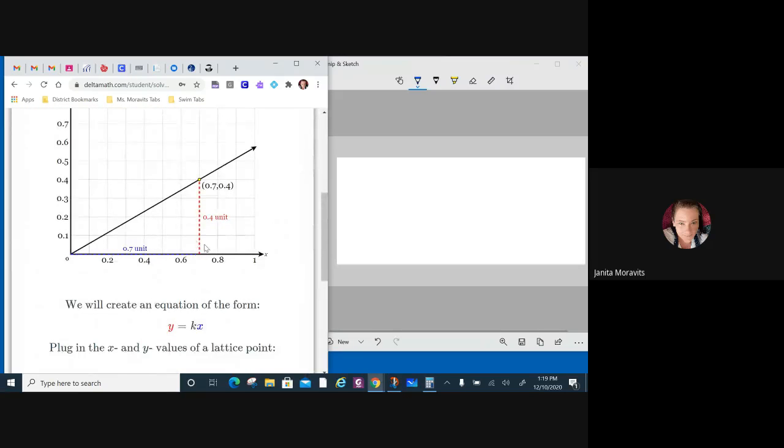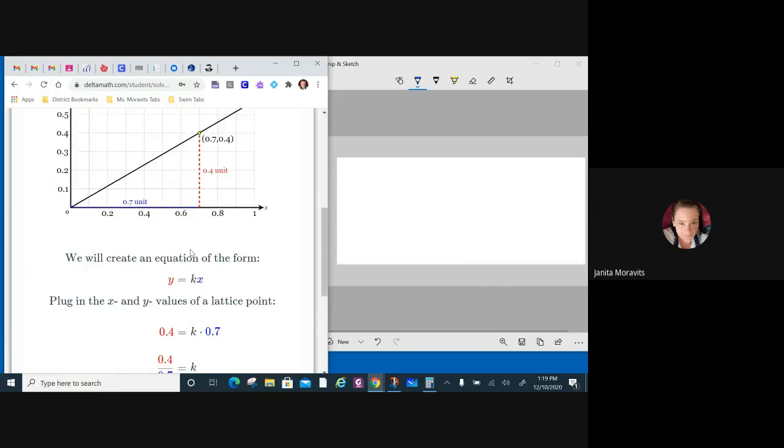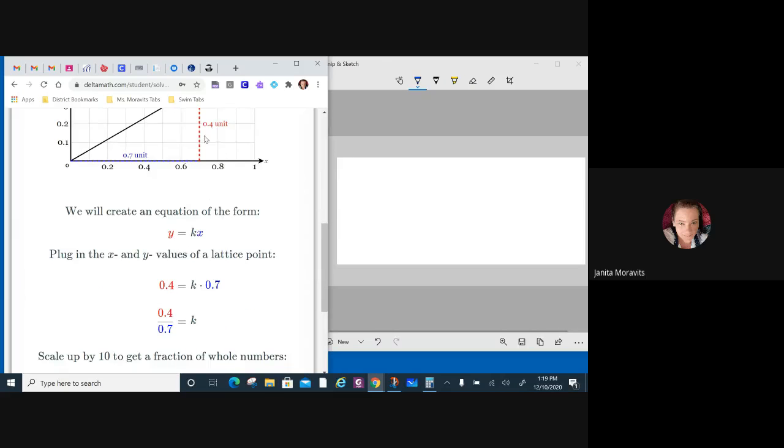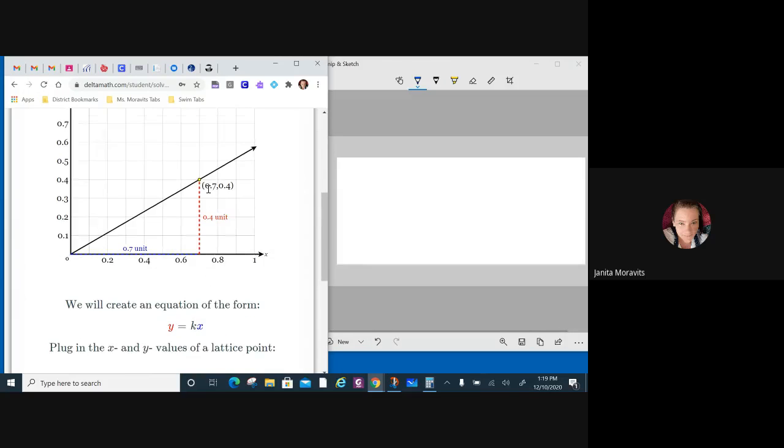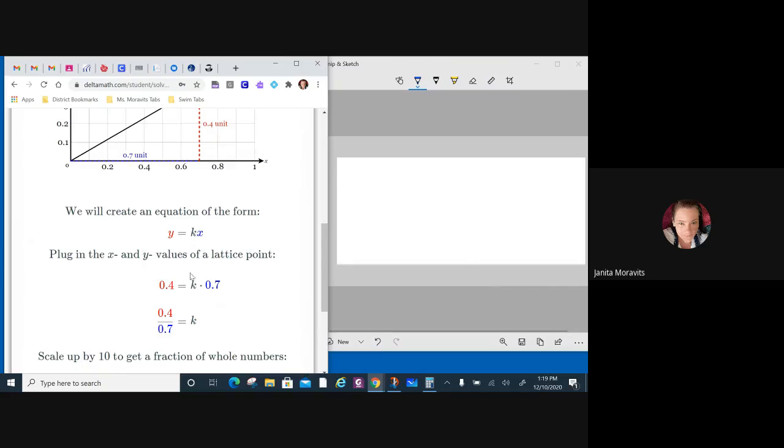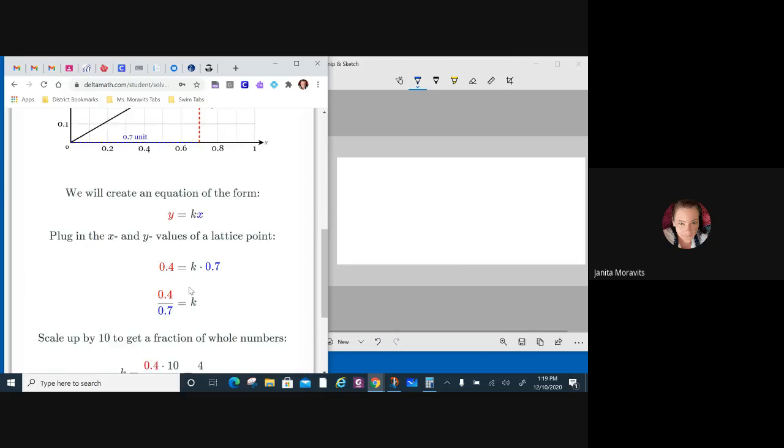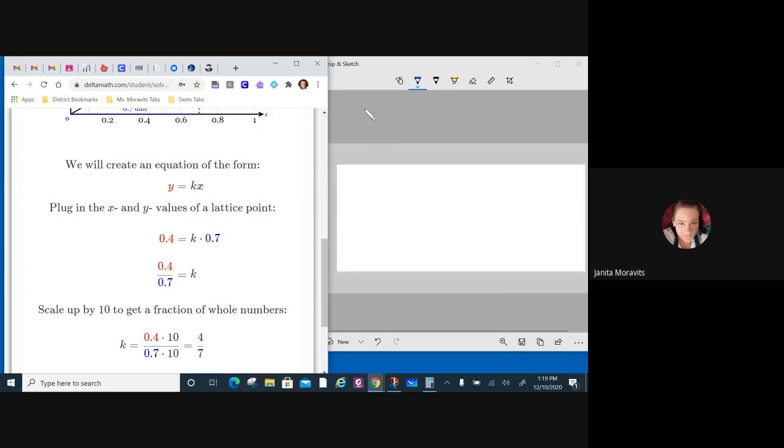So you are going to say y is 0.4, I'm sorry, and x is 0.7. So here's your x and here's your y. So 0.4 right here, your height, that's your y, and then equals k times x, all right, and then you're just going to solve that equation.